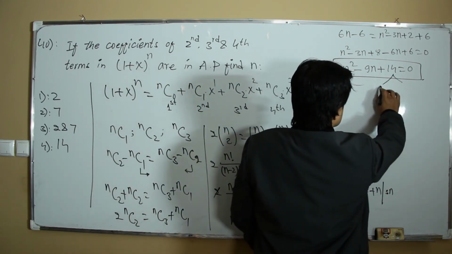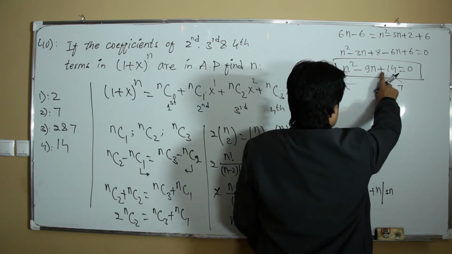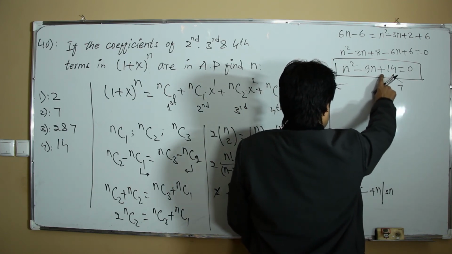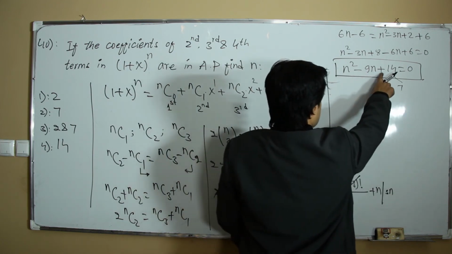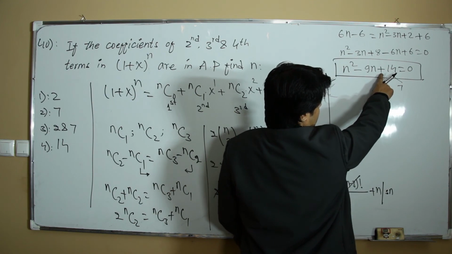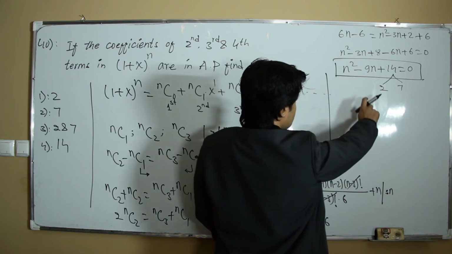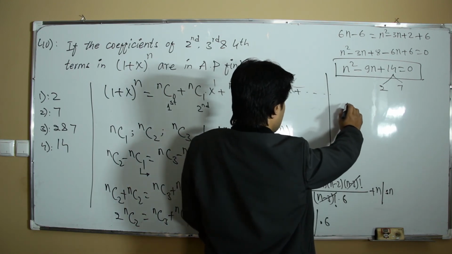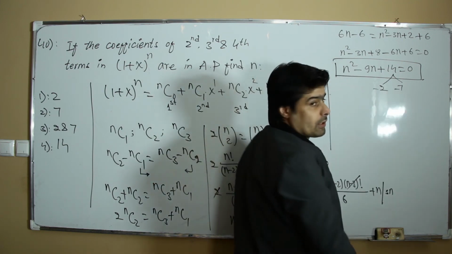14: 2 with 7, 2 times 7 is 14, and this one says that you have to add these coefficients. 2 plus 7, it's 9. Then it's correct. The signs should be equal, and this one says both of them are minus. Then this is minus 2, this is minus 7. Why?